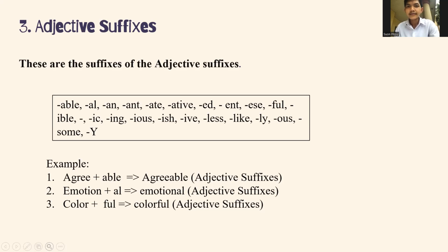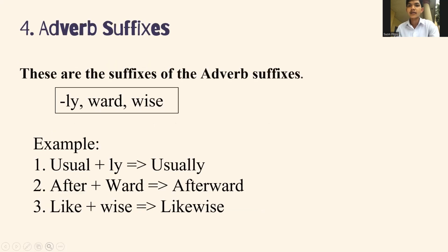For example, when we use the term agree with able, we got agreeable, and agreeable is an adjective suffix. The second example, emotion plus al, we get emotional. And the third one, color plus ful, we get colorful, and colorful is an adjective suffix. Now let's move to the next slide.